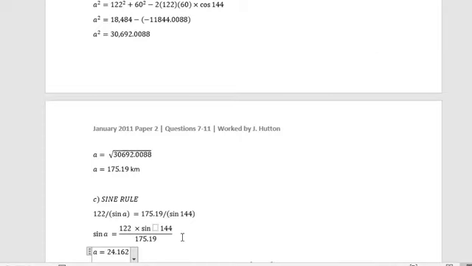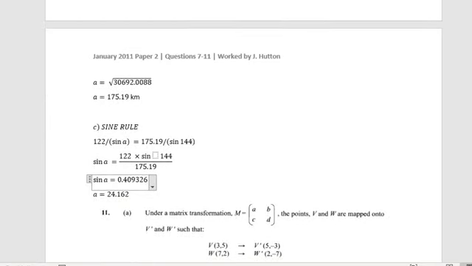So when you do that full calculation up there, what you'll get is sine A is equal to 0.409325 or 326. And when you do inverse sine for that, then that is where you get the 24.16 to be your answer.